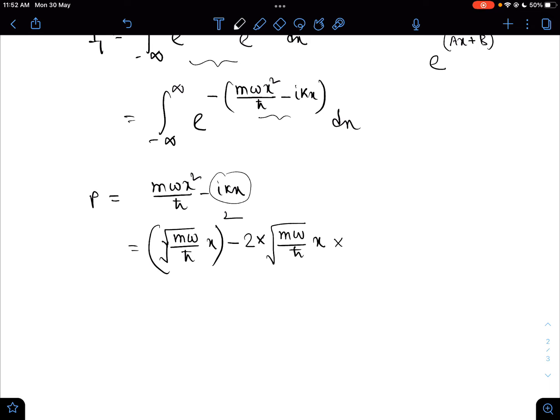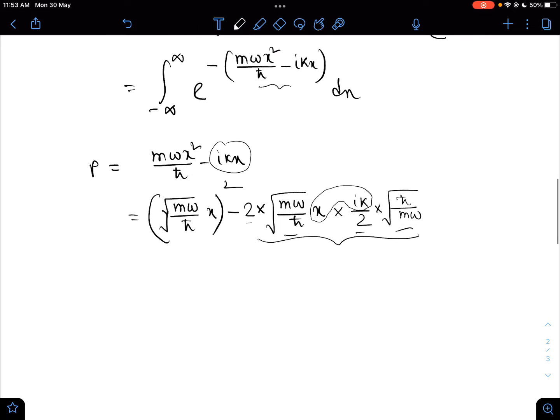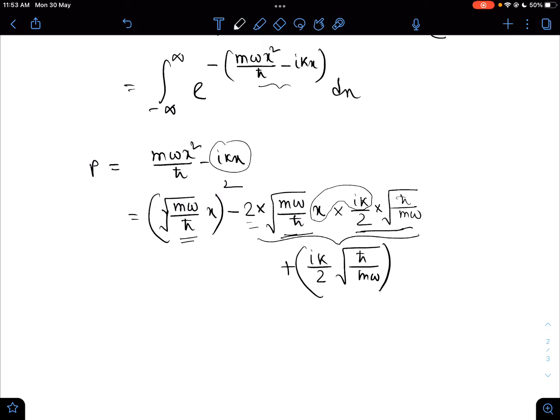We will multiply this with ik by 2 into h cut by m omega. So this term and this term will cancel out and the 2 will cancel out, so we have ikx. Now this can be written as a squared minus 2ab plus b squared. We have added this extra term here, so we have to subtract it.